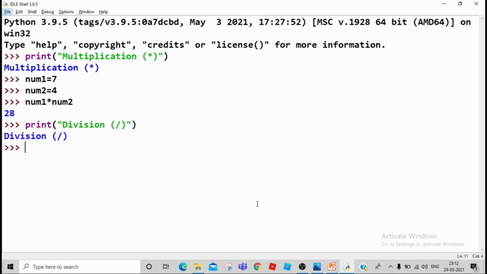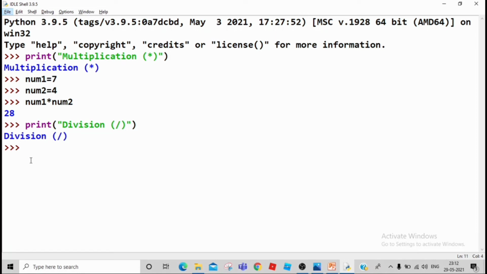So the division operator divides both numbers and gives us the quotient. For example, I will take the example of 45 and 5. If I divide 45 by 5, my answer comes as 9.